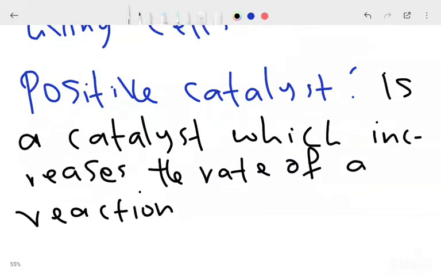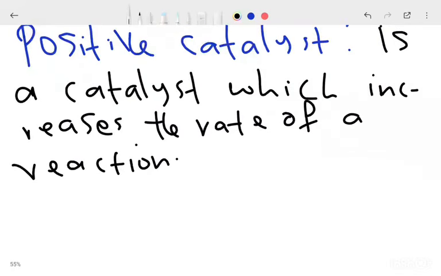Are you getting it? Any catalyst that increases the rate of a chemical reaction is called a positive catalyst. Okay?